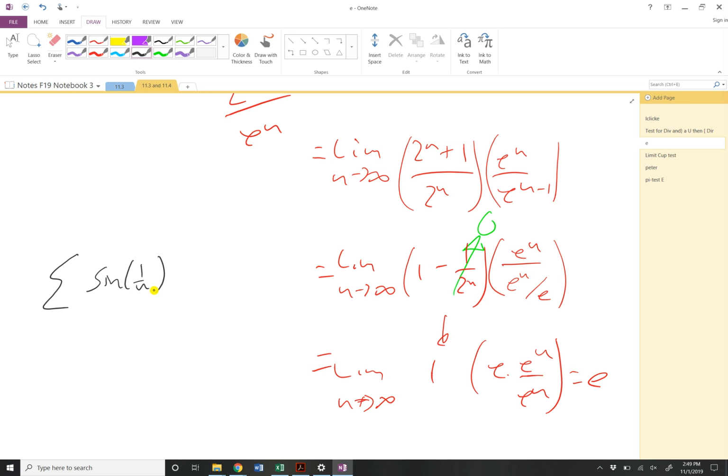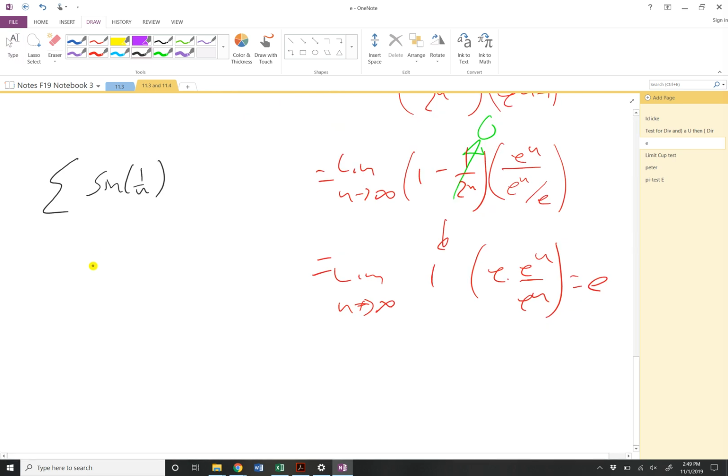Someone said squeeze theorem. You'd be like, hey, you get a bound here? You know it's got to be between 1 and minus 1, and actually you know it's between 1 and 0, because really all we're doing here is taking values of sine that are getting closer and closer to 0.